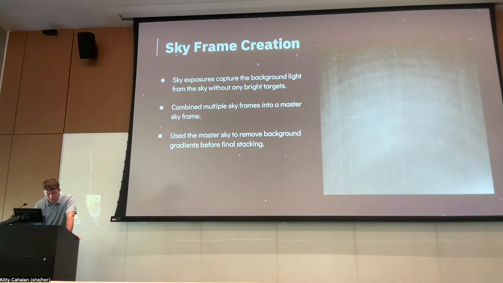For the sky frame creation, sky frames are important because they capture the background light from the sky without any bright objects. I combined several sky exposures into a single master sky frame. Then I subtracted this from the science images to remove unwanted background gradient. This step helped ensure that the light in the final image is only from stars or galaxies, not from the atmosphere or light pollution.